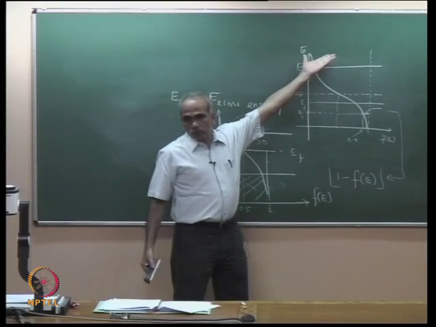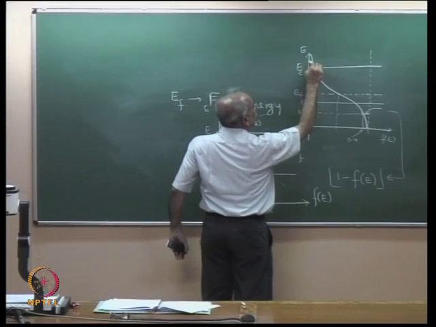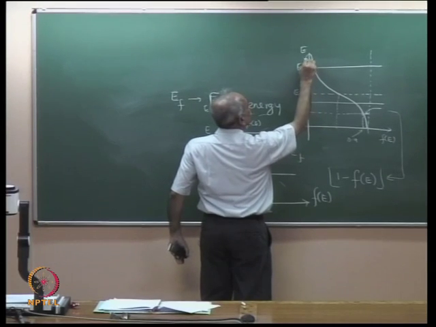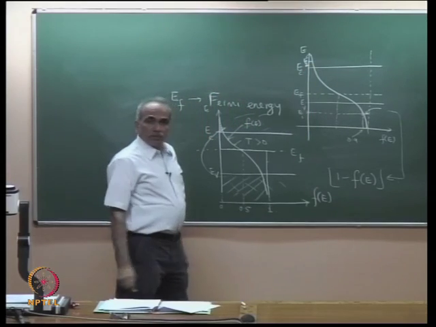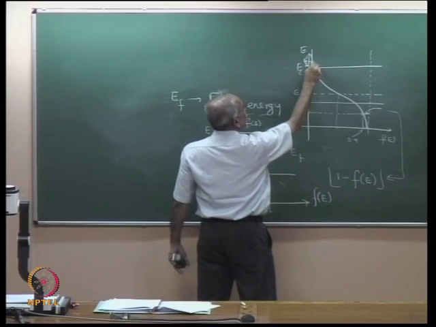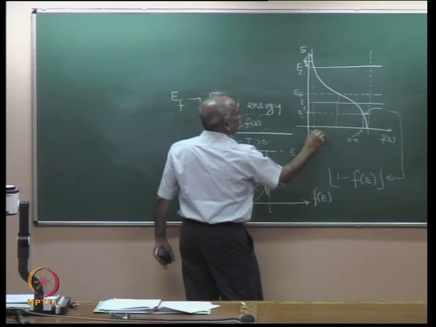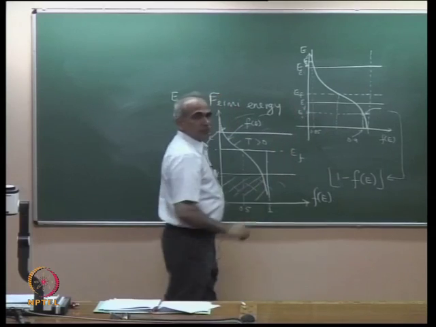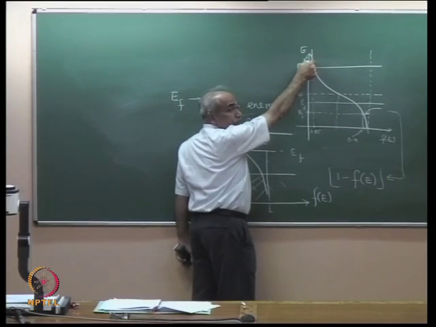As far as the valence band is concerned, we don't talk of a hole in the conduction band. For example, let me take some value E2 in the conduction band. This may be some number, let us say 0.05, so the probability of occupation here is 0.05.